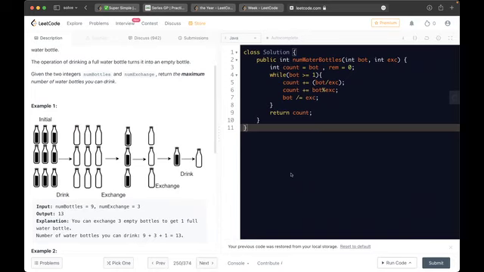And if 2 bottles are remaining, with num exchange still 3, in that scenario we cannot drink it, and it will not be added to the count. Means if only one bottle remains at last, then only we can drink it, otherwise no.